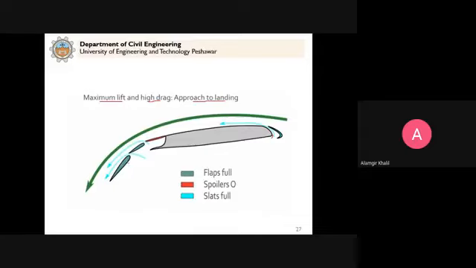You can see that high drag will be produced. The area for the drag force is increased. So that's why it will result in a high drag, slow down the aeroplane and prepare for landing.